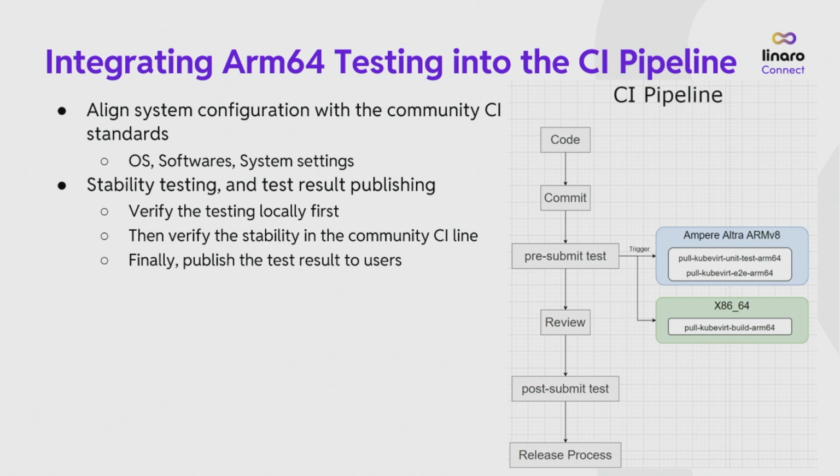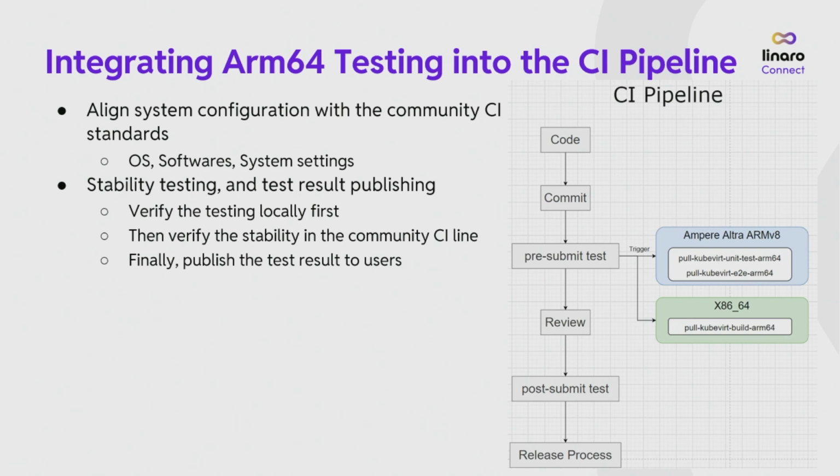Okay, the last part of our enablement is integrating ARM64 testing into the KubeVirt CI/CD pipeline. Firstly, we need to integrate our ARM64 machine into the community CI infrastructure.